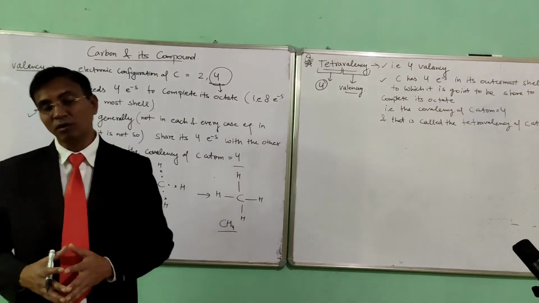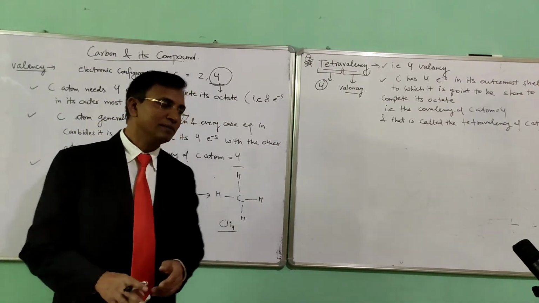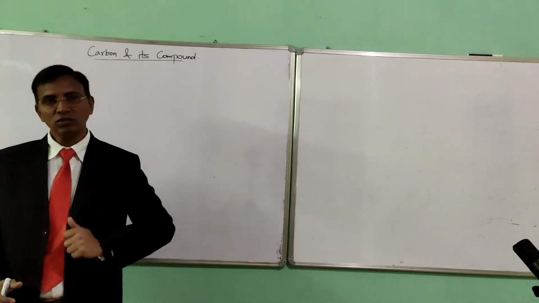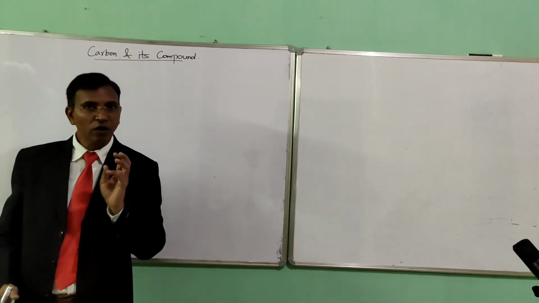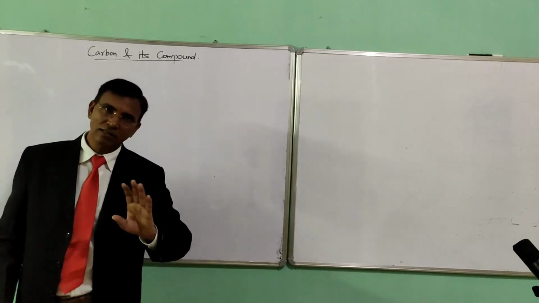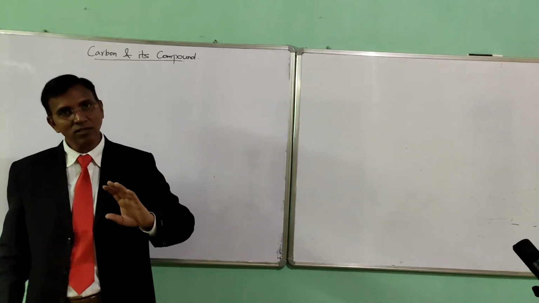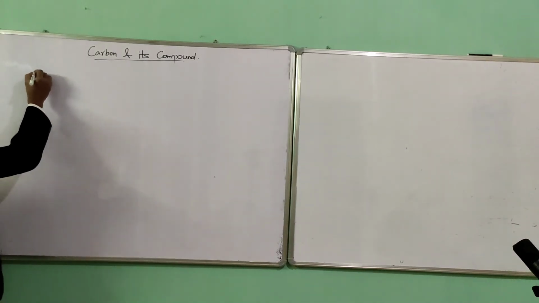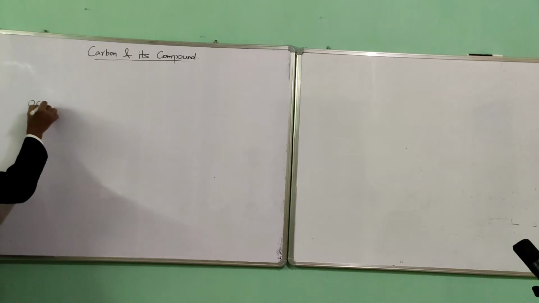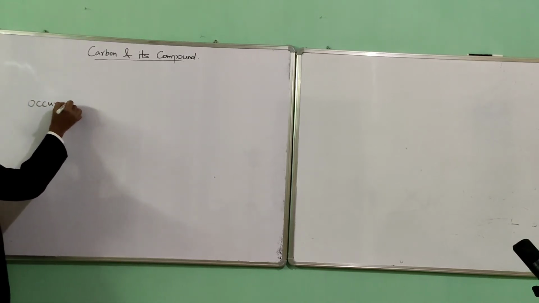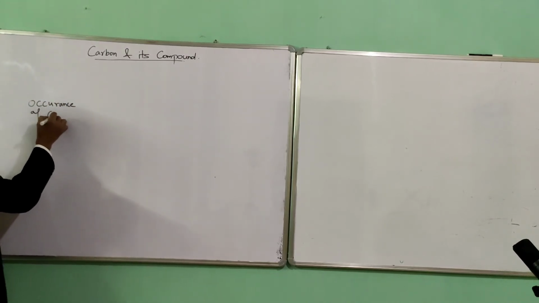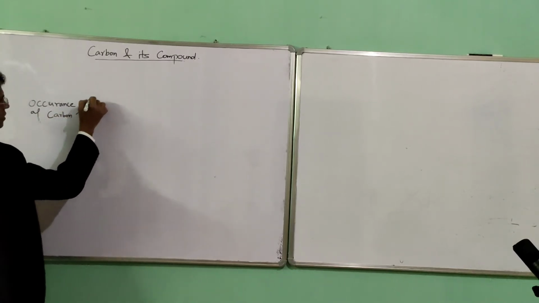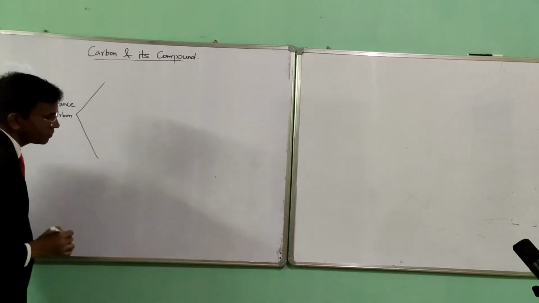Now we are going to discuss the occurrence of carbon. Occurrence of carbon means in which forms carbon is present in the earth, right? In the earth crust or in the atmosphere. Carbon can be found in two forms.